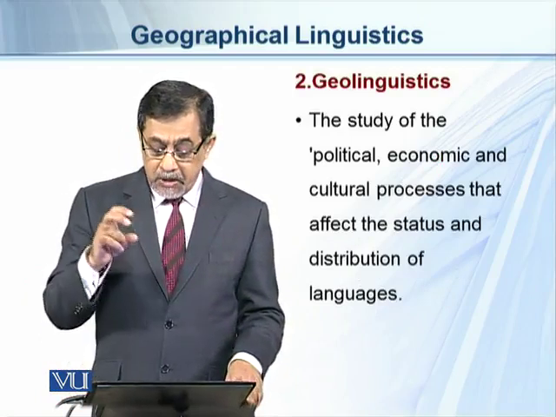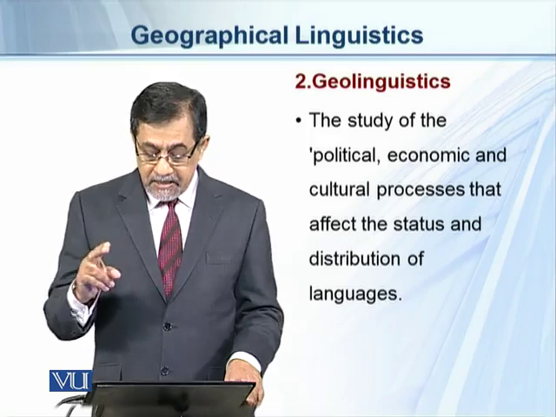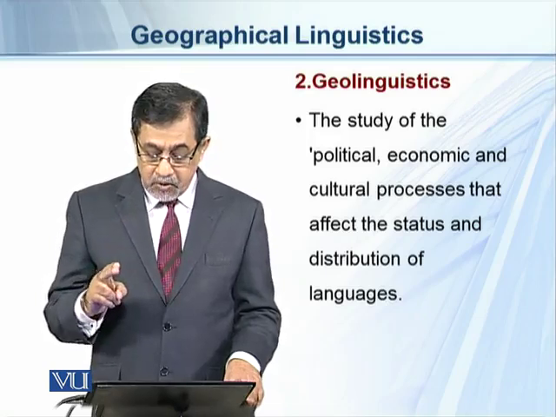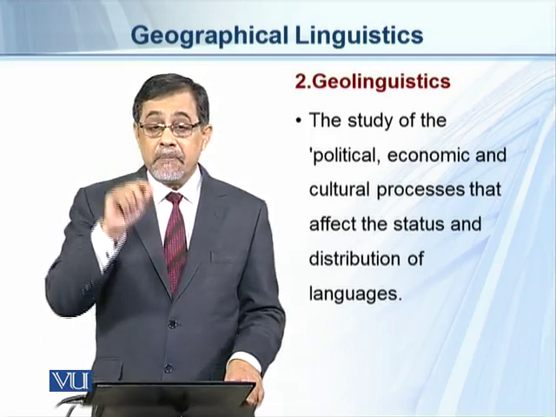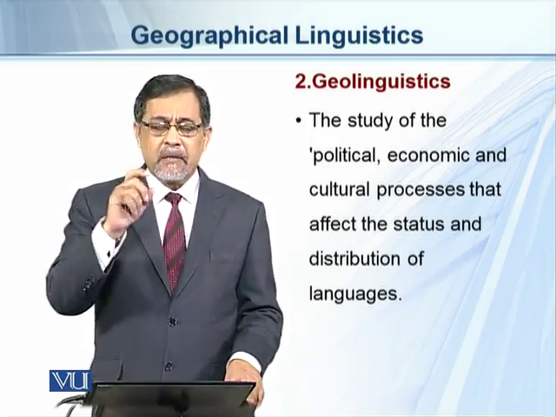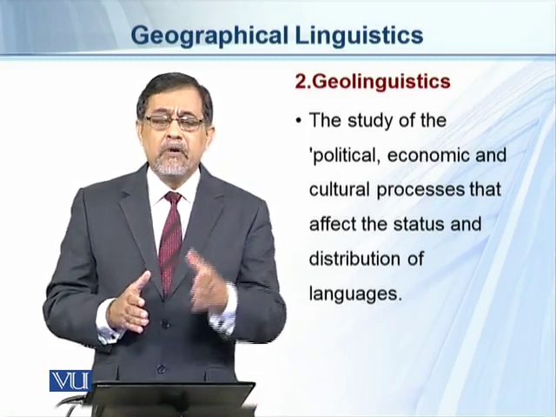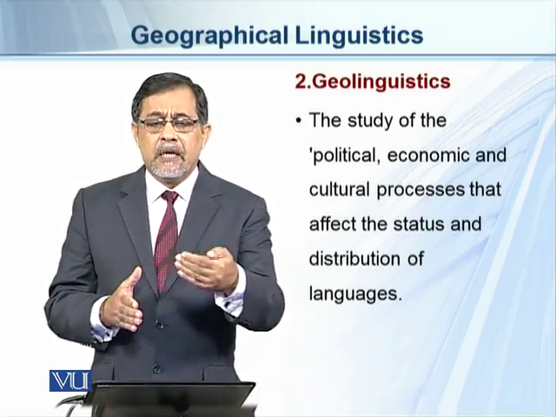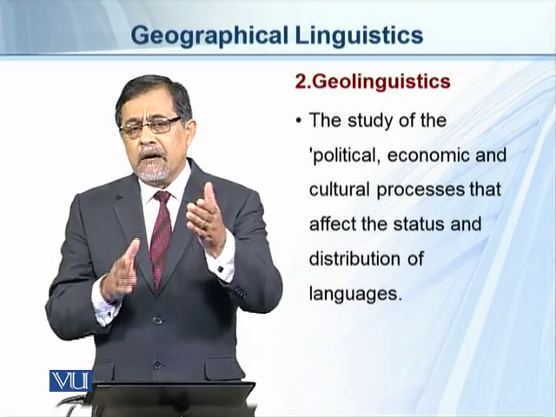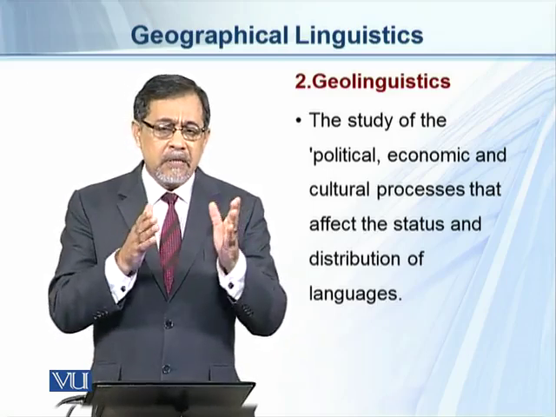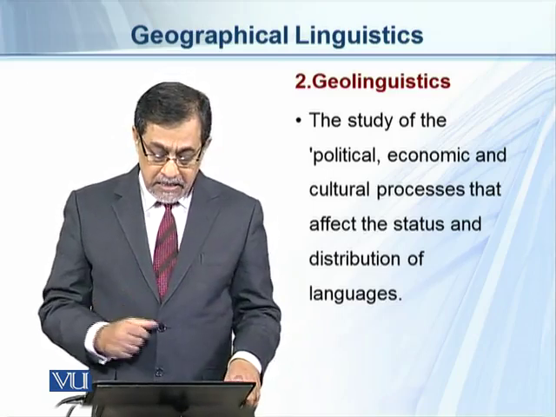The second thing is geolinguistics, the study of political, economic and cultural processes that affect the status and distribution of languages. Obviously, the economic and political features are very important, and the culture is very important. If we look at the second period of the English language, we find that during Middle English, the aristocracy was using the French language, whereas the common man was using English as their main language.